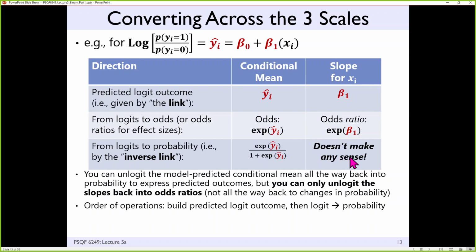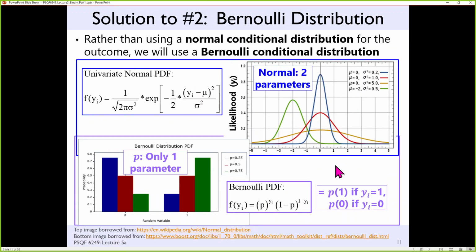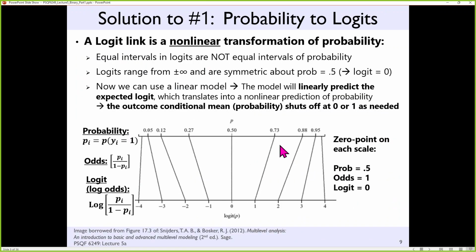So the slopes are the easiest thing to screw up without meaning to. You cannot talk about the change in probability for a 1-unit change in x as a function of a slope. That does not work. It can't work because of this issue. A 1-unit change in logit is not the same unit change in probability. It depends where you are. It's less and less of a change in probability the closer you are to the boundaries.